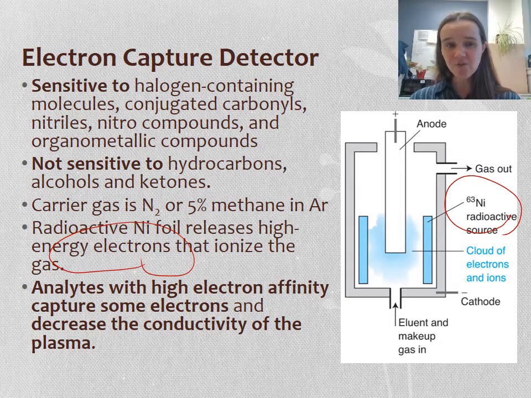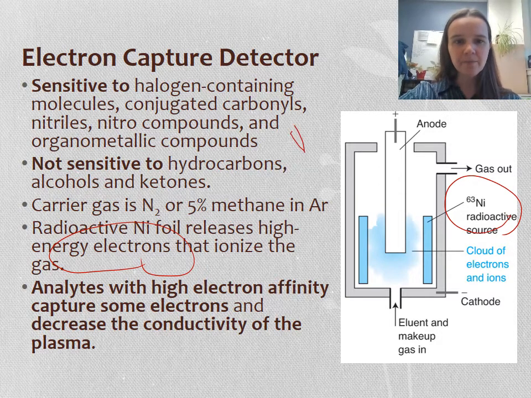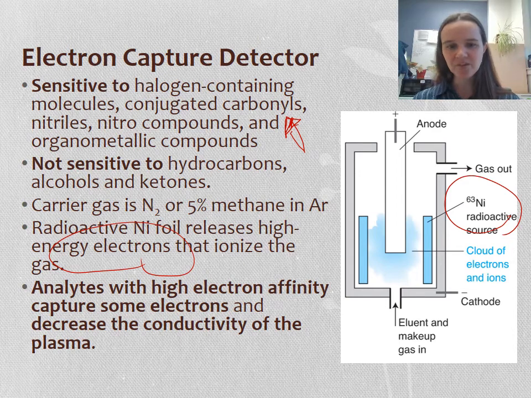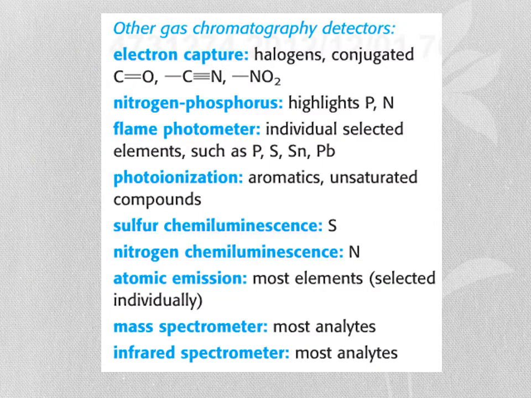It's not sensitive to hydrocarbons, it's not sensitive to alcohols, it's not sensitive to ketones. These are not electronegative enough. But things that contain halogens, conjugated carbonyls, nitriles, the top list over here, particularly the halogens, are really good with the electron capture detector.